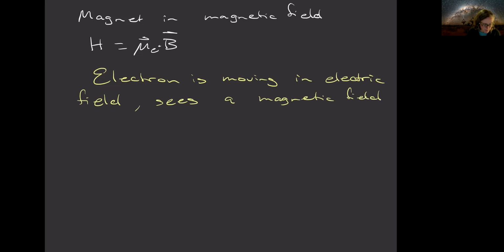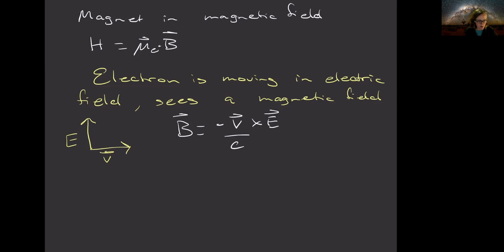So now we've got, fairly simply, an E cross v situation, and the magnetic field in that arrangement is minus v cross E over c, which of course we all know. So now we've got an electron which has its own magnetic moment, it's moving through an electric field, and so therefore it sees a magnetic field. And so now it's going to have some magnetic effects. So let's consider what those magnetic effects are.